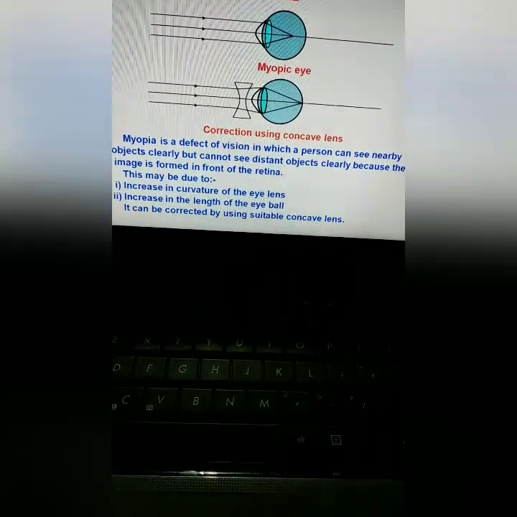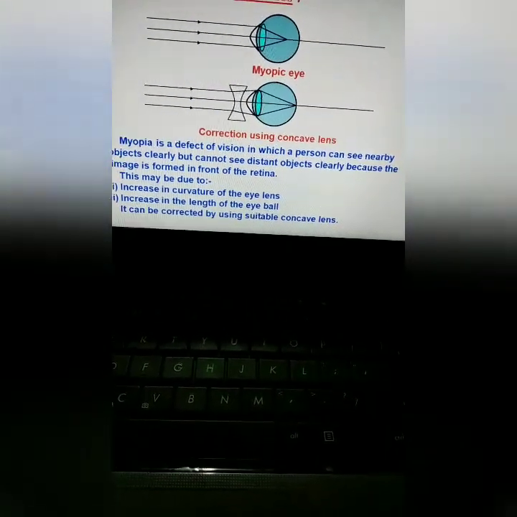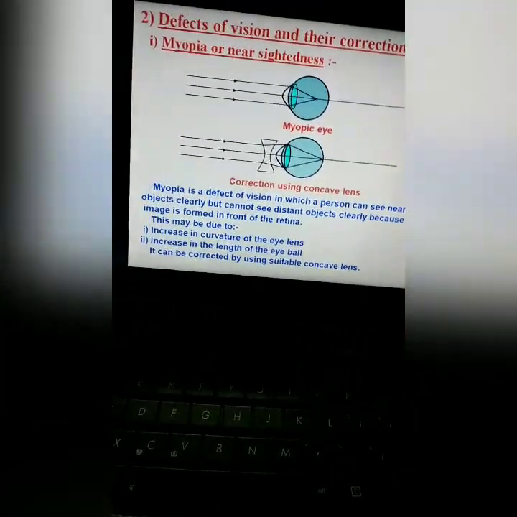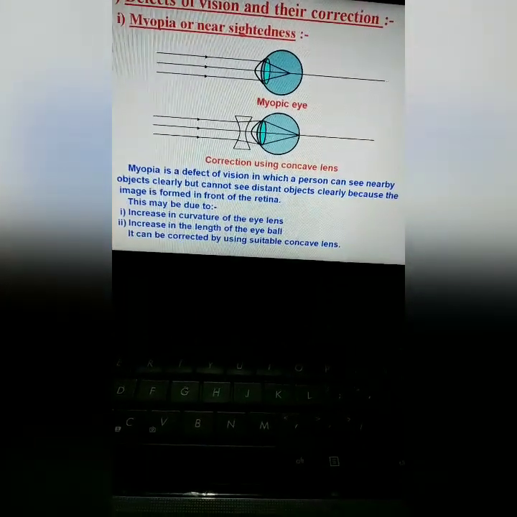We are just a normal eye. But if we have some defect, we never accept that. So we say, I am able to see the near object, which means we are unable to see the far object. That's why it is named myopia or nearsightedness.